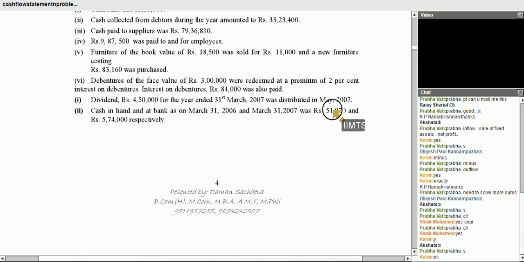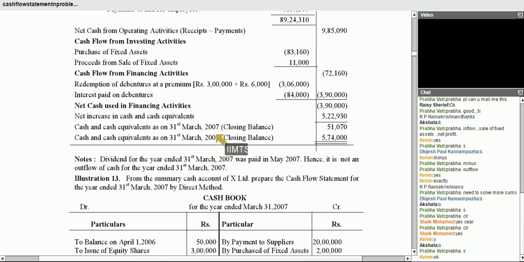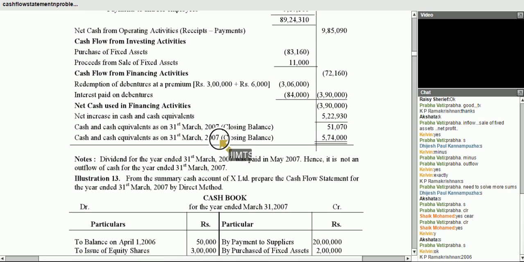This one, 51,070. Actually, this is for 2006 and this is for 2007. Yes, this is for 2006 and for 2007.